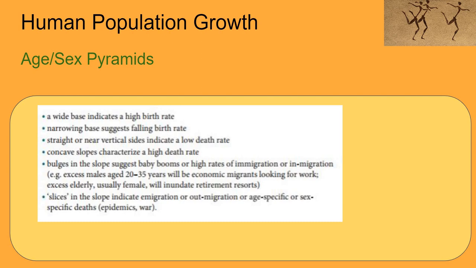Steeper, concave slopes mean a large death rate. If they're straight or near straight, vertical, that's a low death rate. And the last thing is we want to look at any bulges in the pyramid. Those are abnormalities. It probably tells us that there was a baby boom, or maybe there was a war or disease, a pandemic, something that may have changed the normal curve of the pyramid.